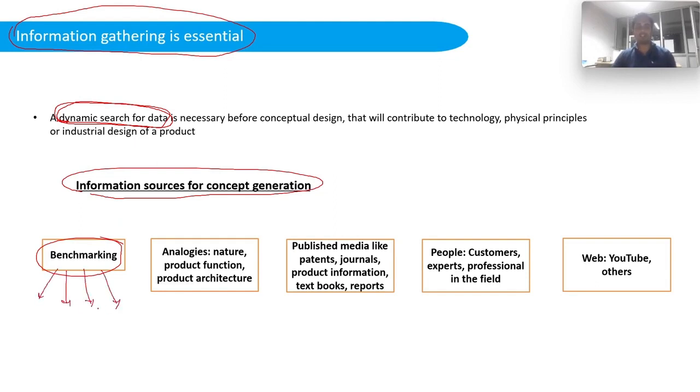Whatever different products are available in the market for similar requirements, you can study their functional components. You can dissect them, see their functional models, see how they are organized in terms of modules, what functional components they use and how they function. All this information you can collect using benchmarking.